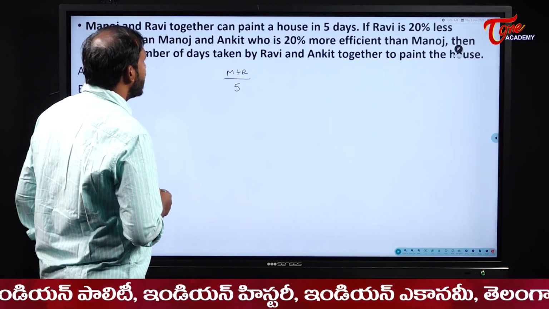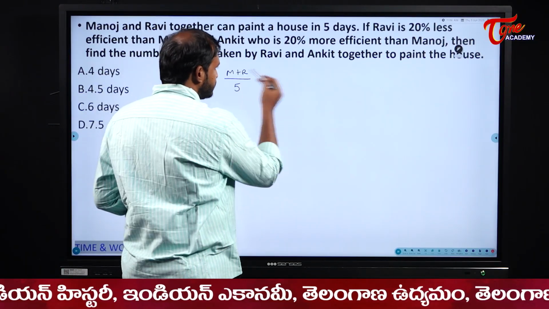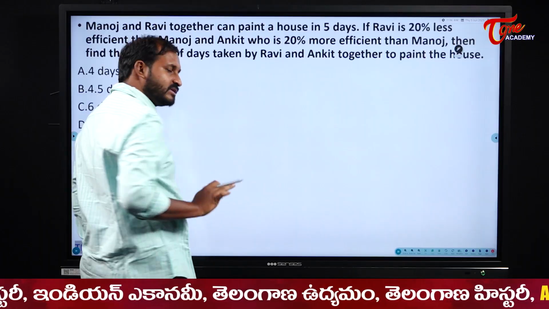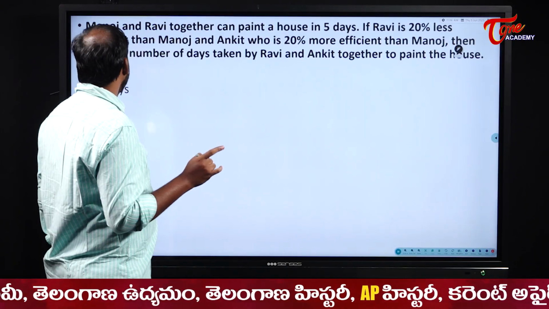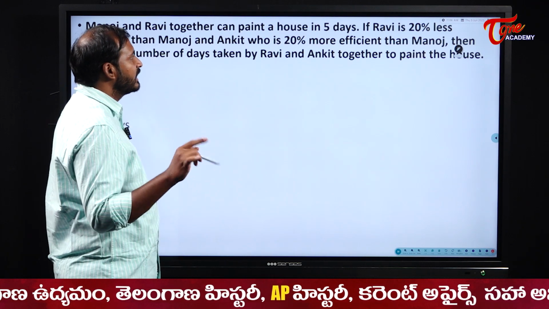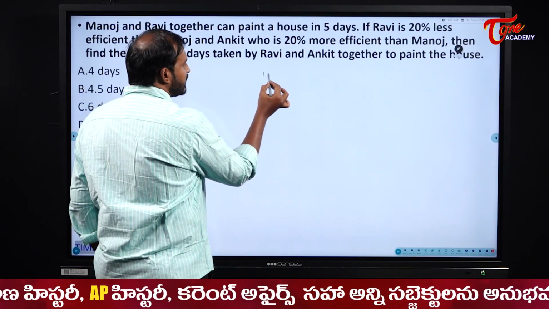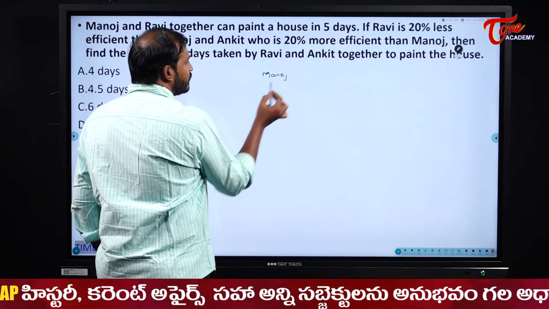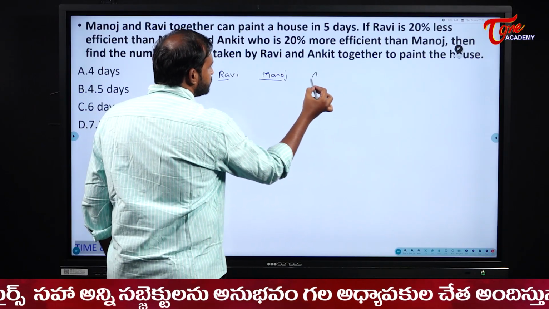Now see here students, actually there are 3 persons here. Both the other persons are related to Manoj: one is Ravi and the other one is Ankit.